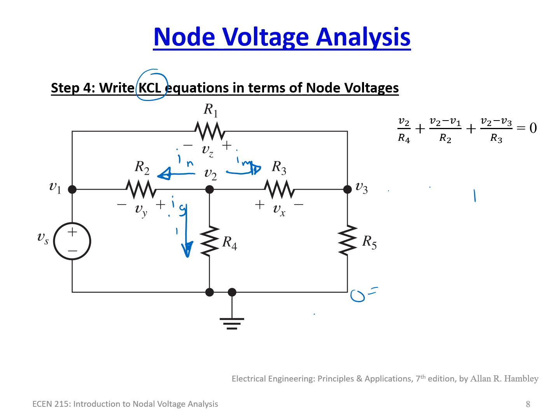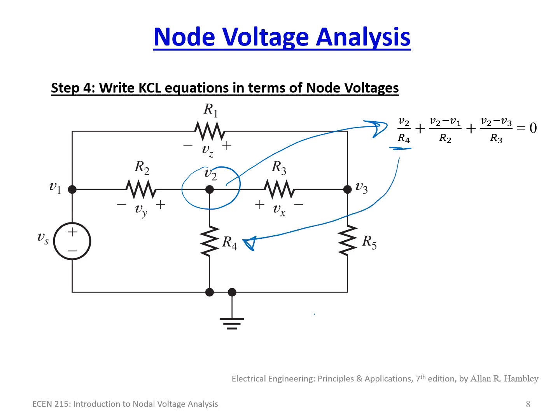If you have questions on this, please ask me to expand upon this in the live Q&A that we're going to do for this lecture, because I know this can get a little confusing since this is the first time you're doing this. But just to highlight it once more, we're looking at this node as this equation, and this part here is this current here.